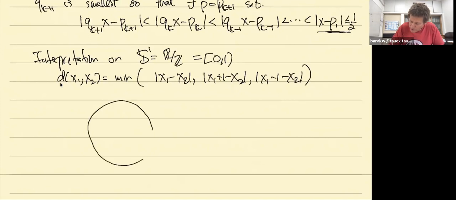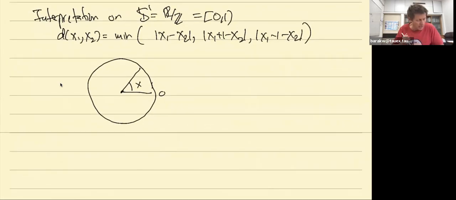What this corresponds to is this is 0, and if x is a point on the circle, and we measure angle in terms of arc length, and we choose our circle to have total arc length 1, so not unit radius but unit circumference, then this is just the arc length distance between two points on the circle. So this is the circle, and then we have these numbers 0, x, 2x, 3x, etc.